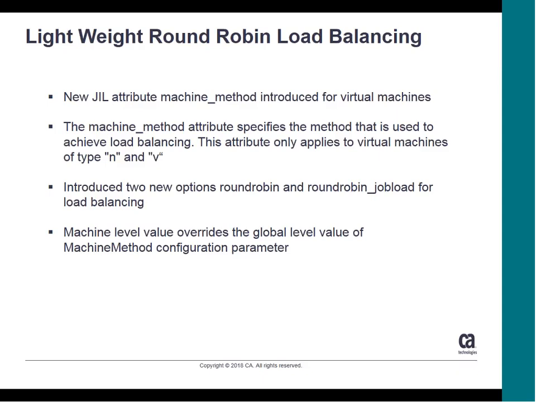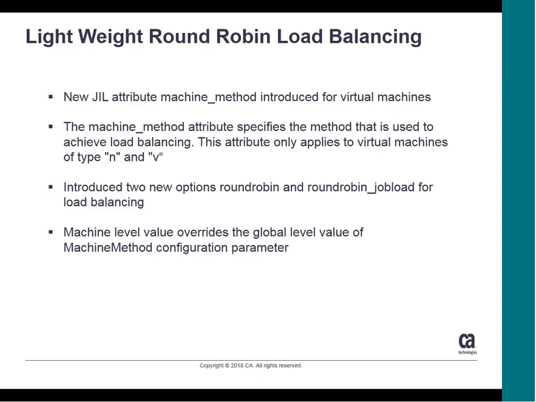To achieve this, we have introduced a new GIL attribute called machine method in virtual machines. Besides round-robin and round-robin job load, the machine method will take all the other supported machine methods that were present before SP7, like rstat, vmstat, cpumon, job load, etc.